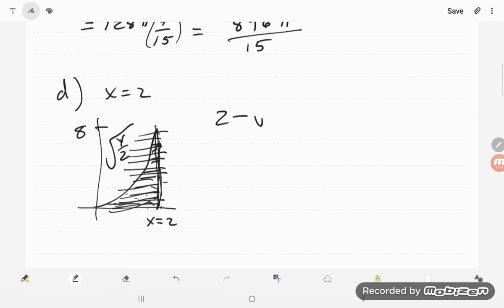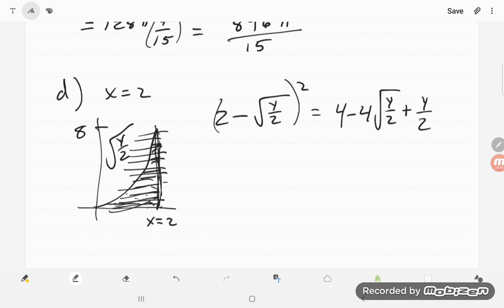So that's 2 minus the square root of y over 2, like that. And we're going to need to square that. So I'm just going to do it here. And that's 4 minus 4 square root of y over 2, which again I can take care of one of the 2's there, and then plus y over 2. So that's what we get when we square that.